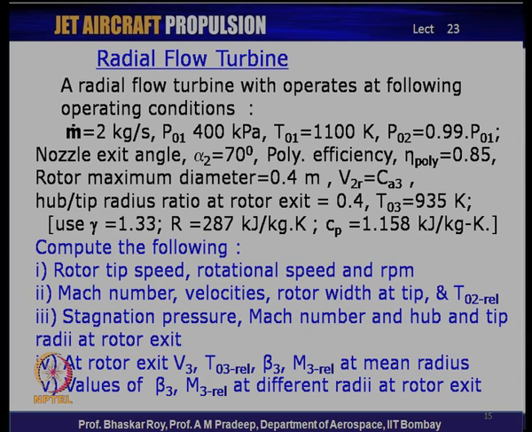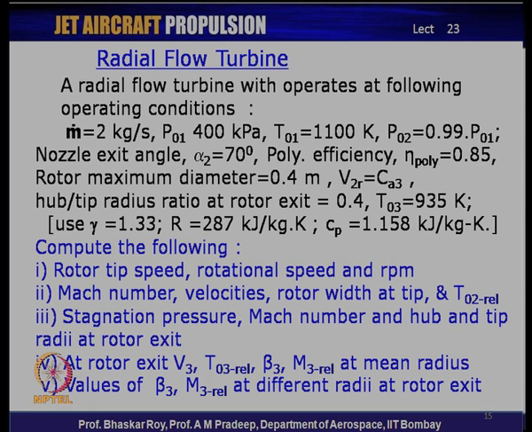The problem asks you to compute the rotor tip speed, rotational speed and RPM of the rotor, the Mach number, velocities, the rotor width at the tip of the rotor, and T02 relative. The stagnation pressure, Mach number, hub and tip radii at rotor exit.